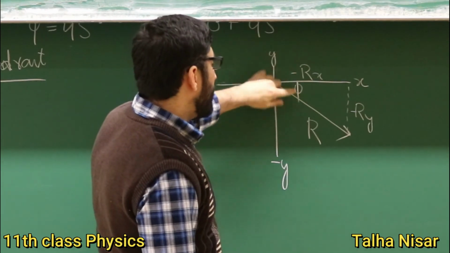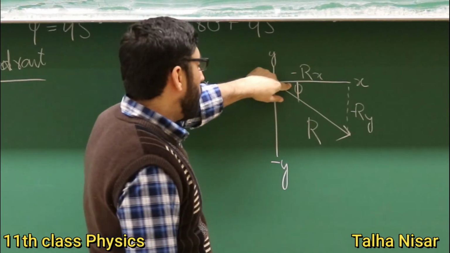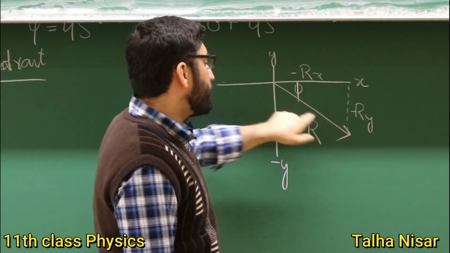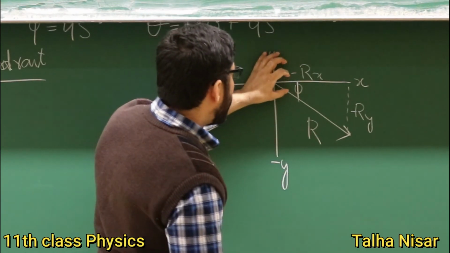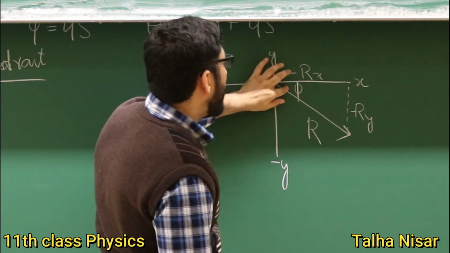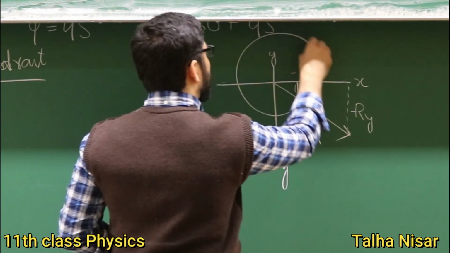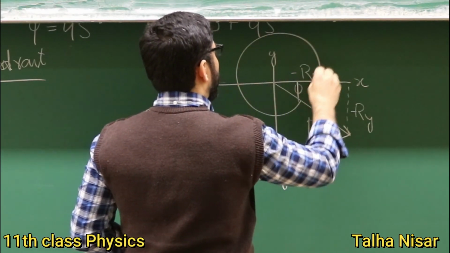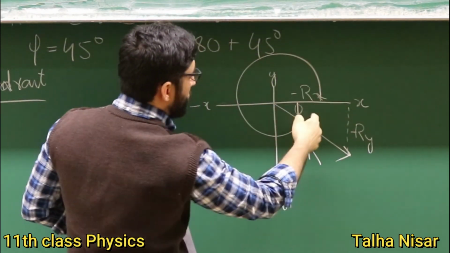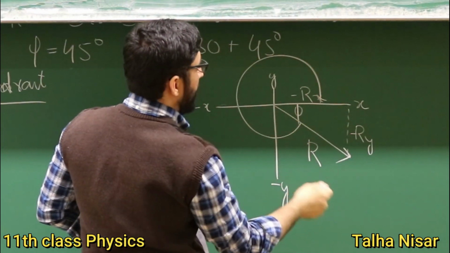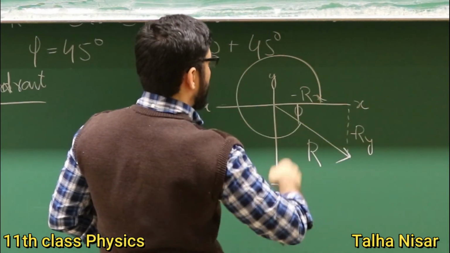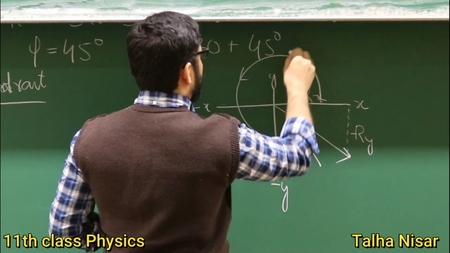If we want to know the angle or direction of this vector, we get this angle phi. But as we said, for the direction we always use the angle with respect to the positive axis in the anti-clockwise direction. So this is theta.